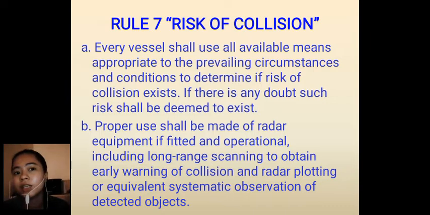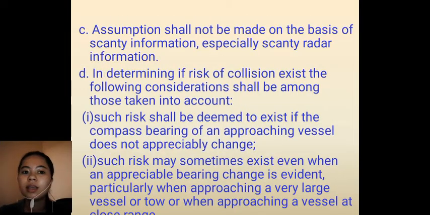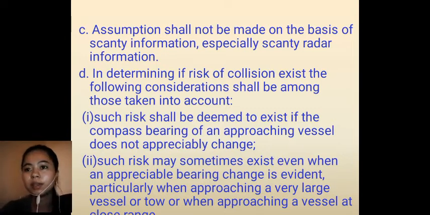B. If radar equipment is present and operating, it should be used appropriately, such as long-range scans for early warning of collision, radar plotting, or equivalent systematic observation of detected objects. C. Assumptions shall not be made on the basis of scanty information, especially scanty radar information.